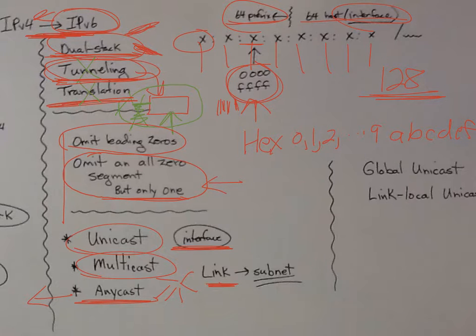IP6, they talk about a link, and we'll refer to those subnets, and we'll talk more about subnets here next week. A couple key addresses we're going to talk about in IP6, global unicast and link local unicast. This is what you use locally for your networks, and this is what you would use out on the internet. If you want a comparison, public, private, even though they're not exactly that.